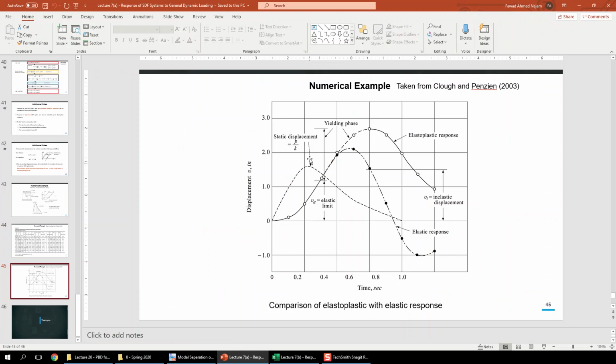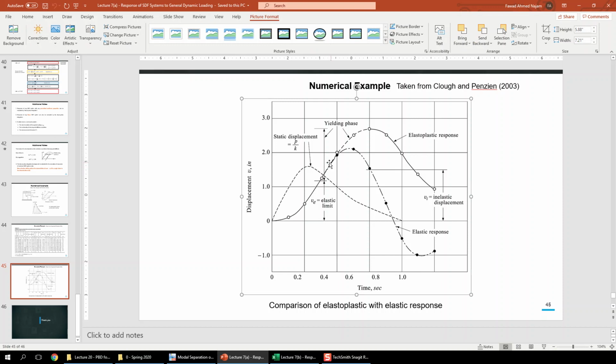Here it is shown that the yielding phase starts after a displacement of 1.2, which will be somewhere at this point here, and after this point the difference between these two lines can be seen. Before this point there will be no difference.